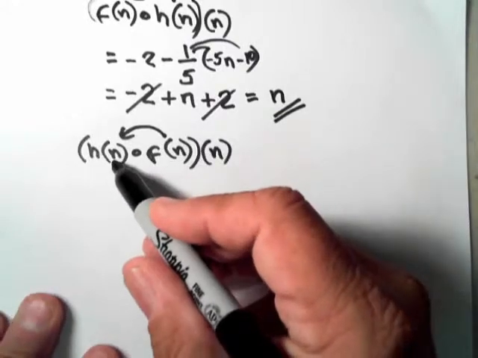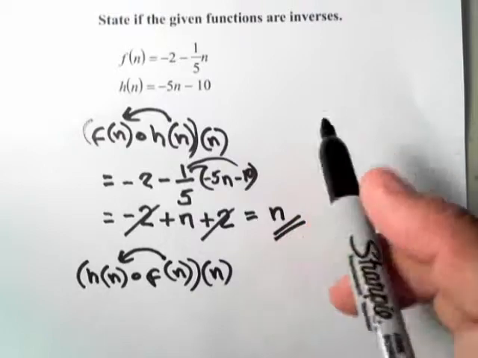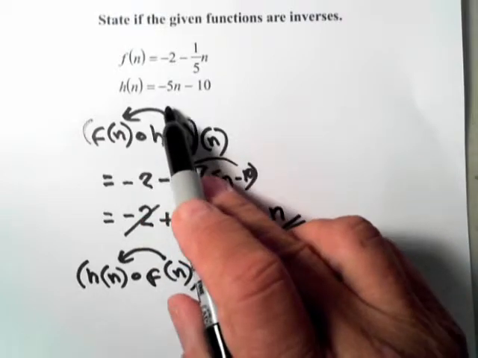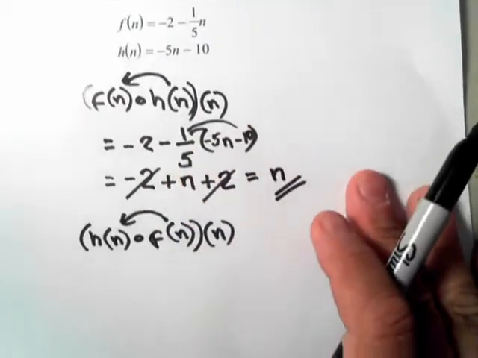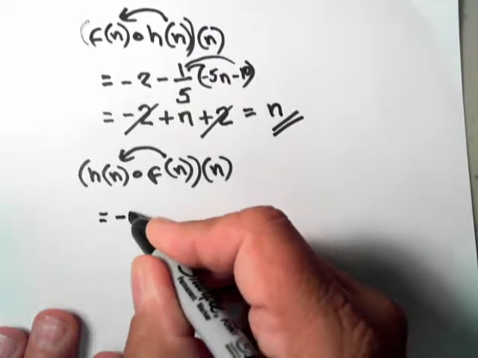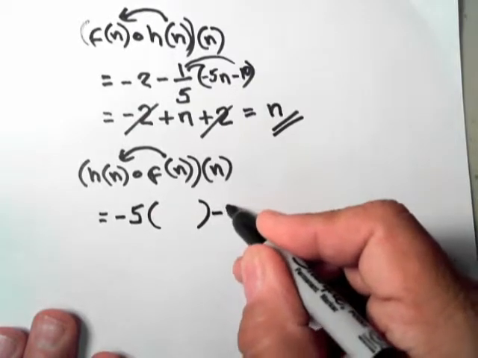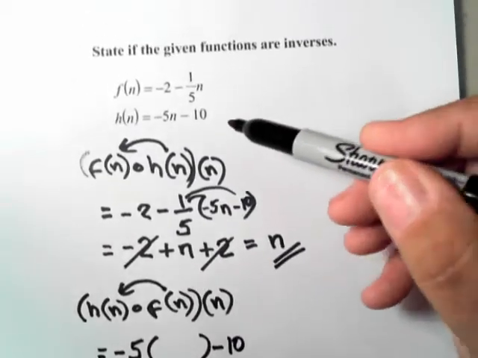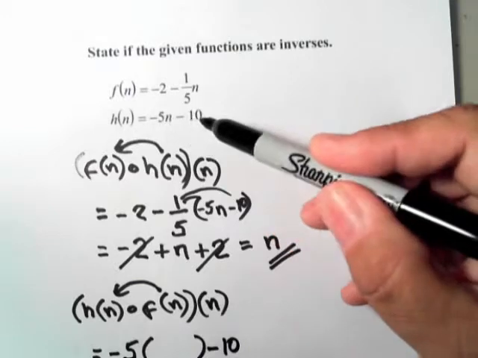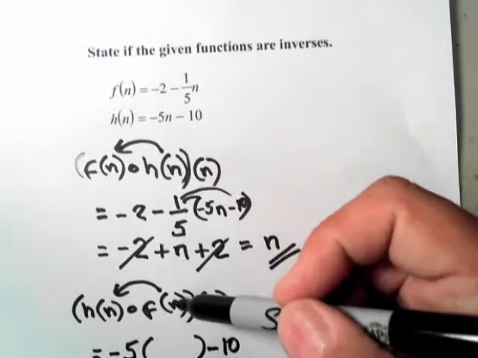Okay, so the original h of n, let's go back up and look at it up here. The original h of n was negative 5n minus 10. So this is going to be negative 5, I make a hole for the n, minus 10. Remember, negative 5n minus 10, I'm going to replace the n with the second one.